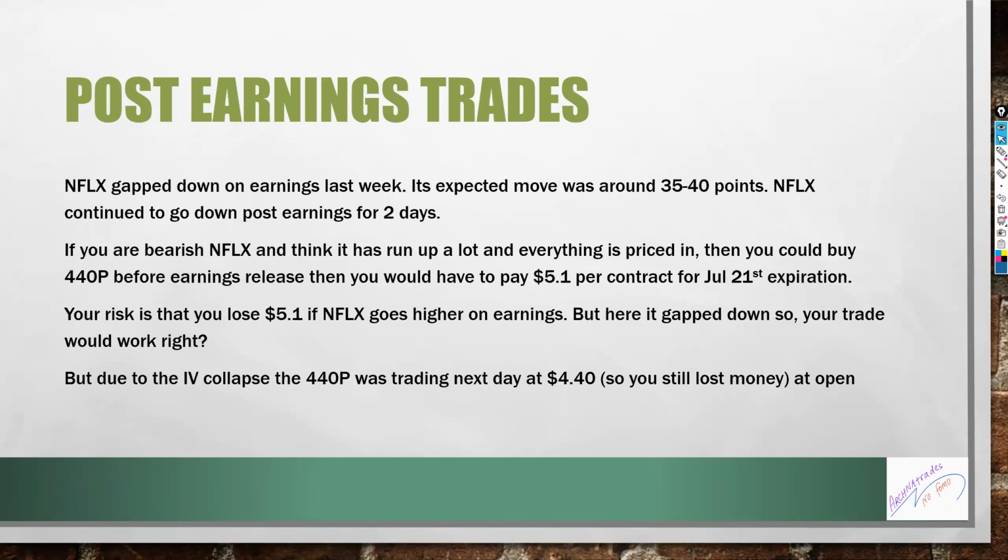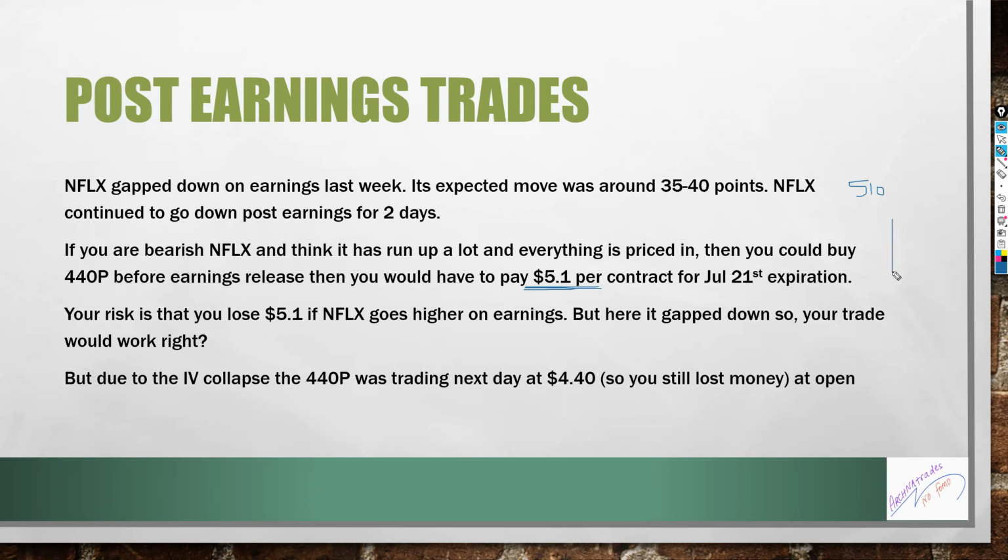So you think your trade worked, correct? But due to the IV collapse, the 440 put the next day was actually trading at 4.40. Okay. So before earnings, you thought Netflix is going to go down. You buy a put, you're buying for 5.10.